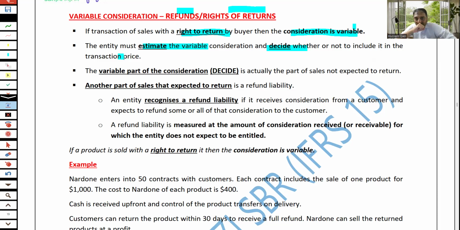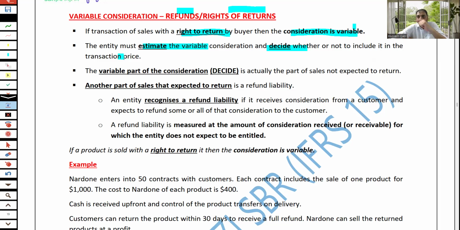But the point is which part of the contract we will consider as variable. This is important. For example, if you are a seller, you have sold 500 units to me, and based on your past experience you say, sir, out of 500, 40 units are expected to return.